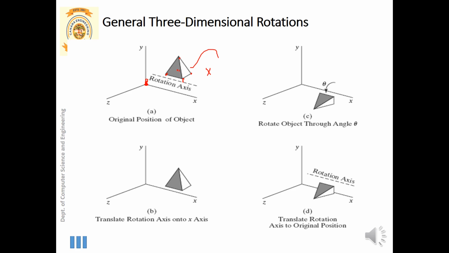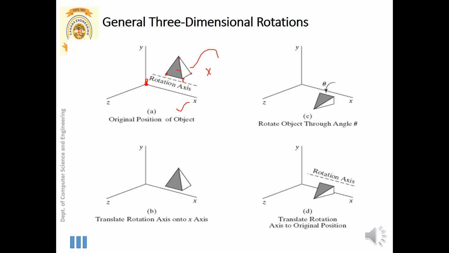So what should I do now? You can just go with the procedure. Since this is the original position of the object, you can simply translate the object in such a way that the axis of rotation will be x-axis. Why?